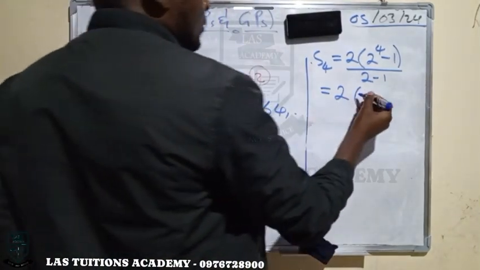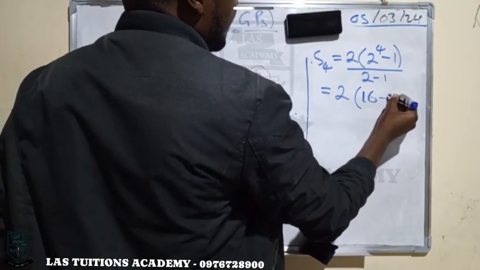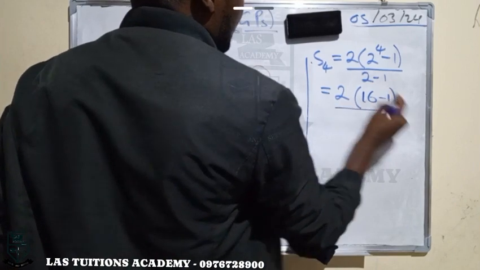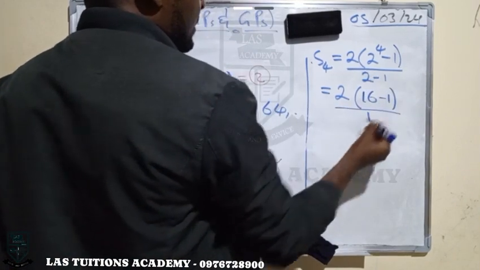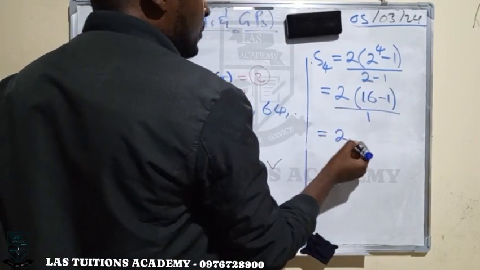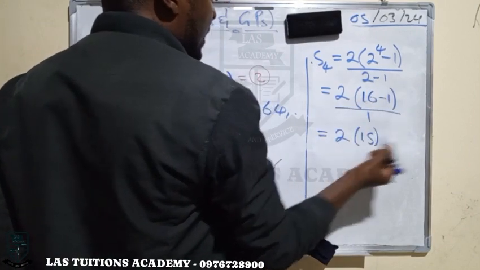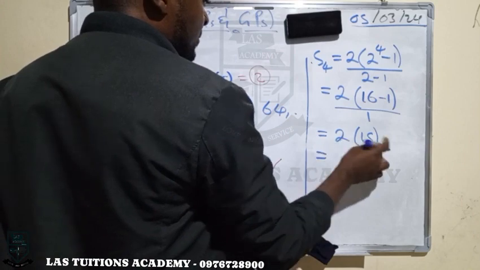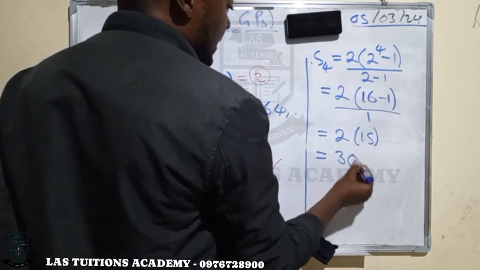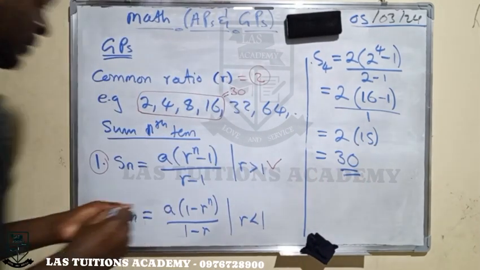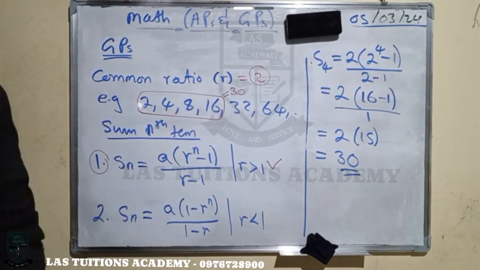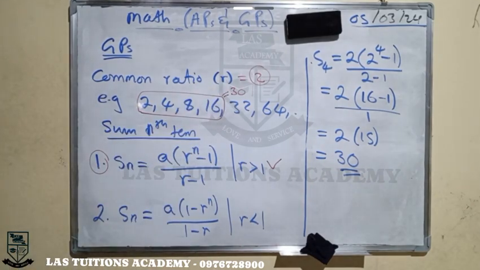So this will be 16 minus 1 over 2 minus 1, which is 1. So we have 2 times 15, 16 minus 1 is 15, over 1 we get the same. So 2 times 15 is equal to 30. So we get our 30 exactly. So that's how you use the formula.